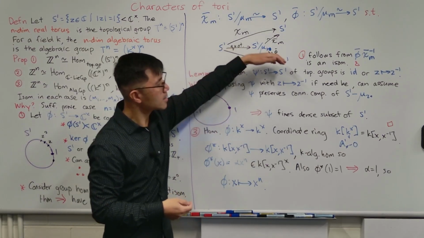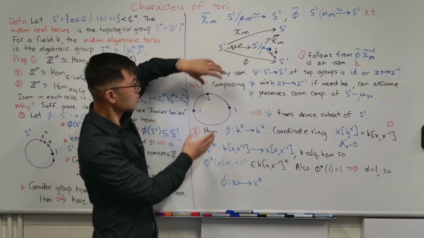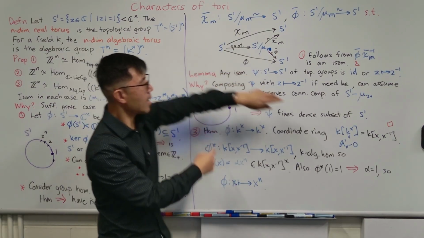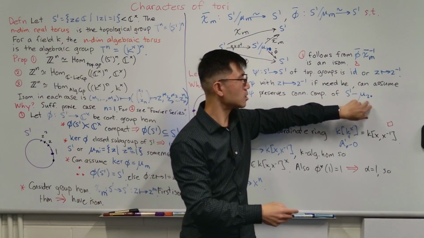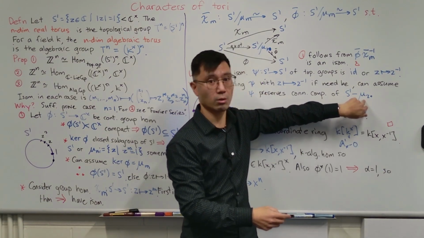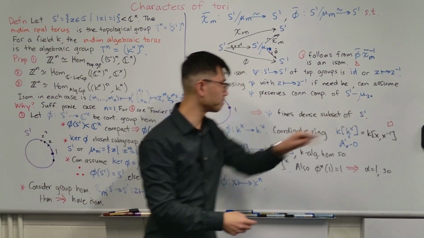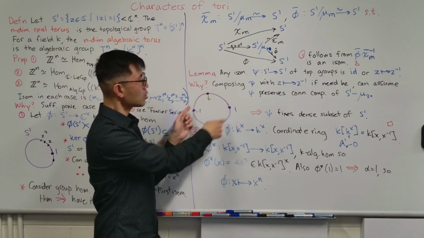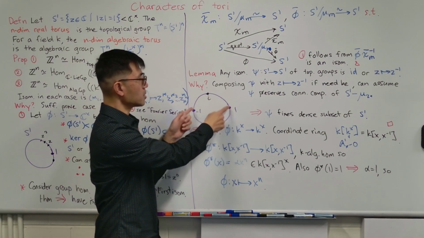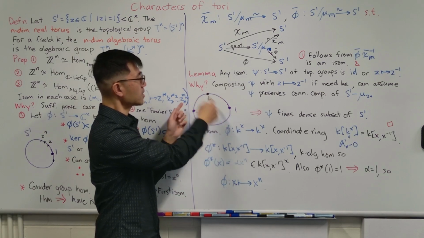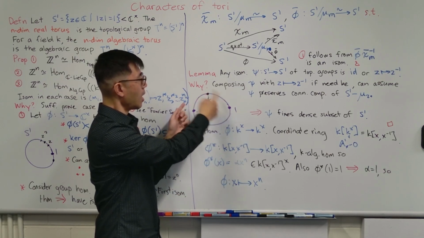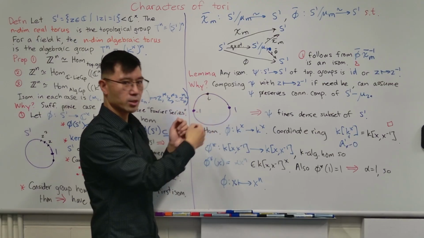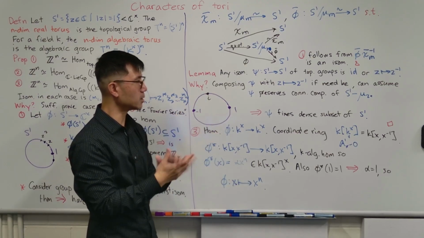And psi is a continuous map, so it has to preserve the connected components of this S1 minus these 1 and -1, which is mu2, okay, the square roots of 1. So it has to permute these two connected components of S1 minus mu2. Okay, so either it fixes the upper semicircle and the lower semicircle, or it swaps the upper semicircle with the lower semicircle. Okay, they're the only two possibilities.